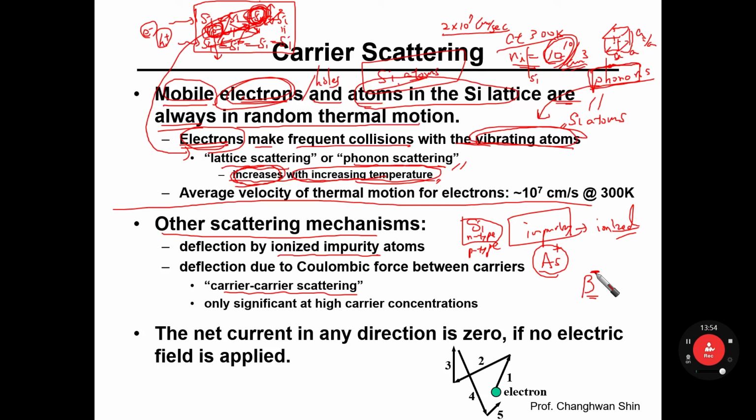So it is going to be negatively ionized once it accepts the free electron. So whenever impurities are injected into the silicon material, arsenic is positively charged and boron is negatively charged, so we can say that the impurity atoms are fully ionized.